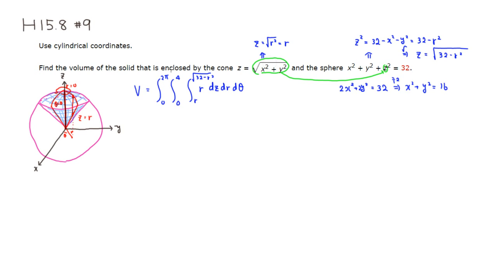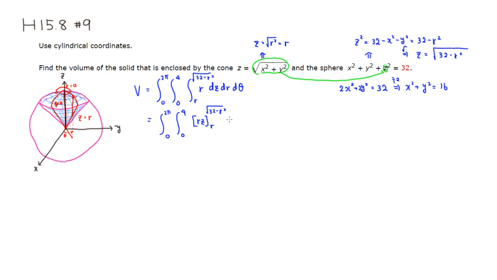Then we just have to evaluate this. So r has nothing to do with z, so I'm going to leave those two integrals alone. Then the antiderivative of r with respect to z would be rz, and you would go from r to the square root of 32 minus r squared.